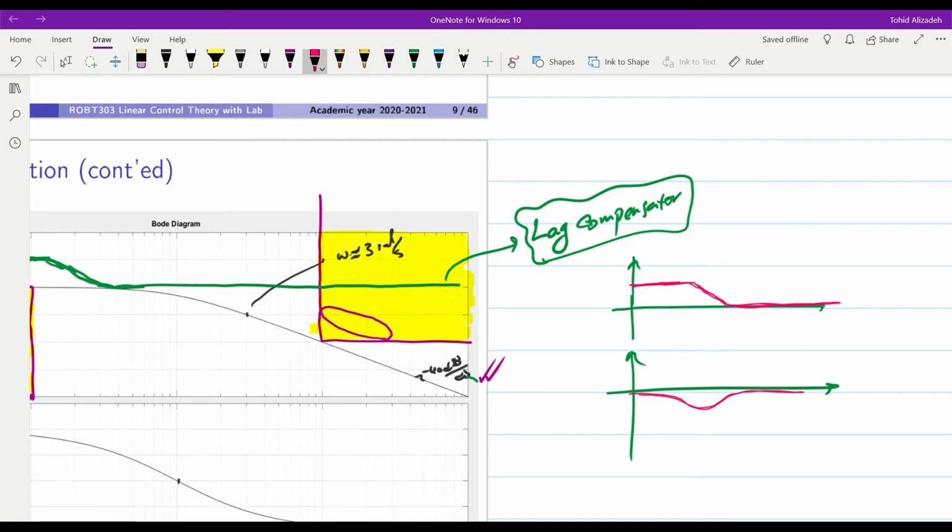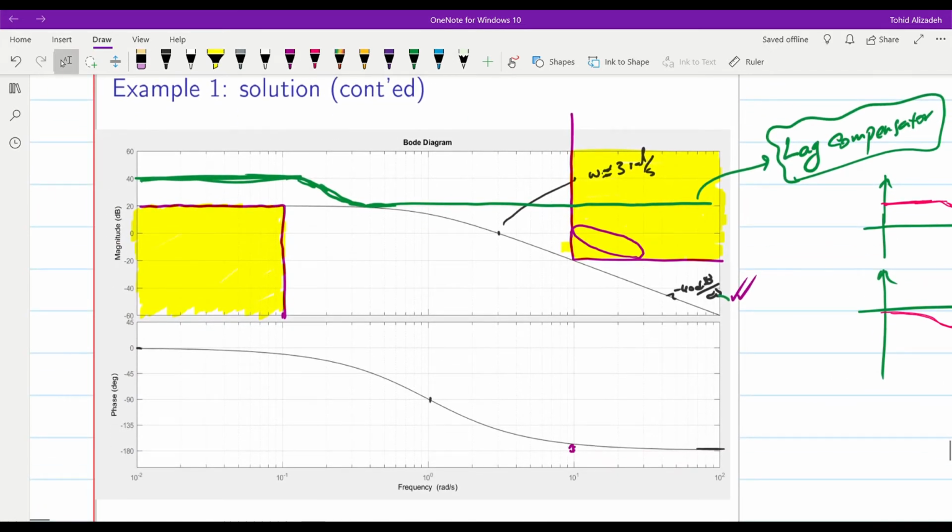But if this negative phase is injected at low frequencies, let's say around this frequency here, and if you add it to the whole phase of the system, we might end up with a phase plot for the system similar to this, which is okay in terms of the stability. Nothing special is changed here because the change happens far from the crossover frequency, which is 3 radians per second over here.